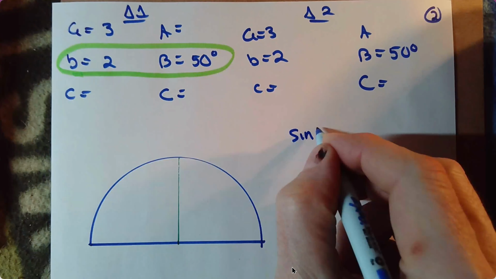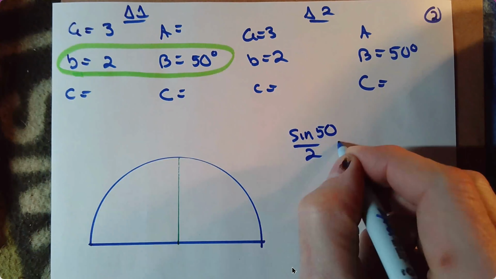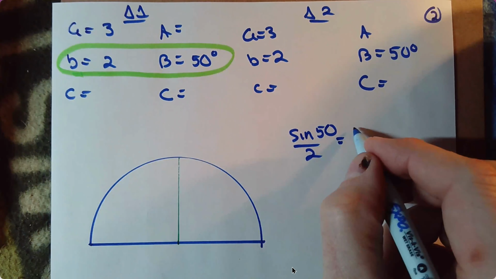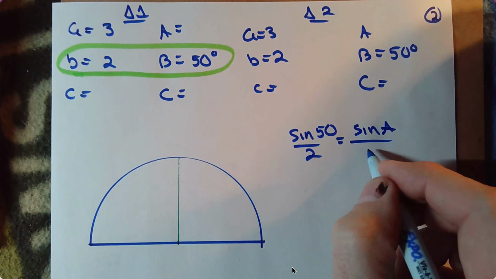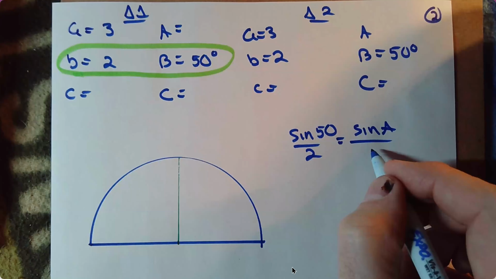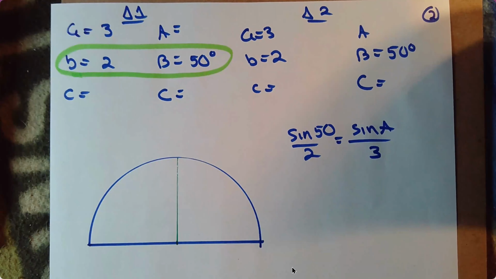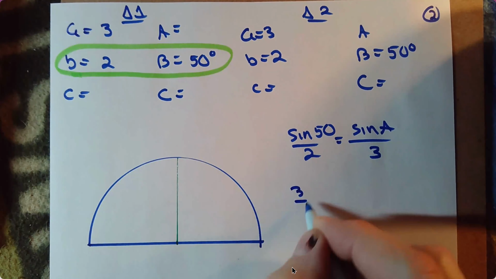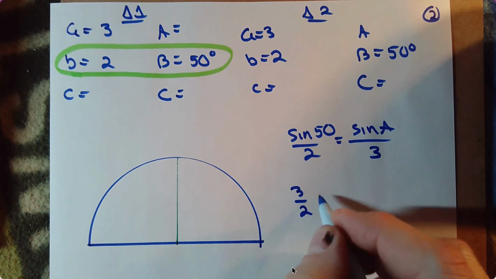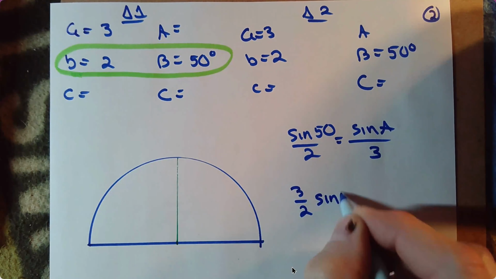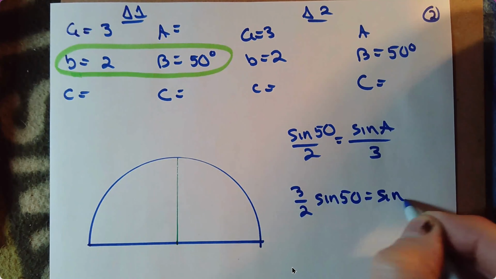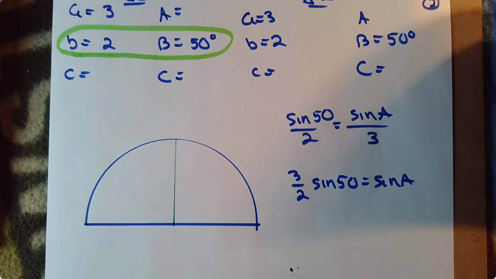Sine of 50 over 2 equals sine of A over 3. Cross multiply. 3/2 times sine of 50 equals sine of A. And let's get a numerical value for this.